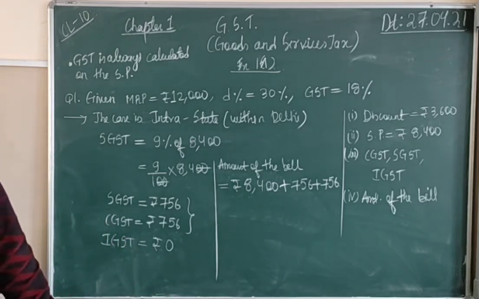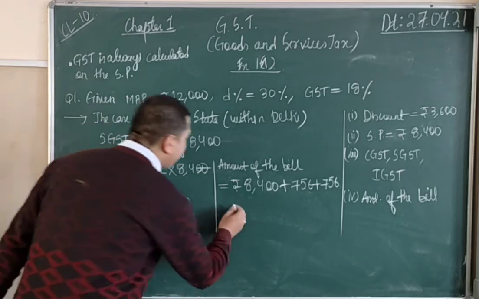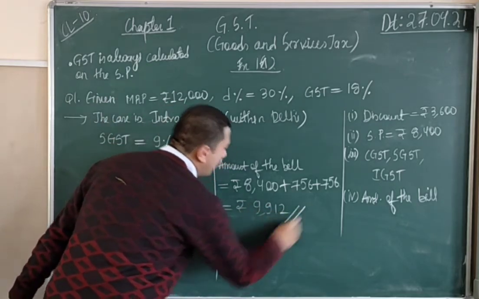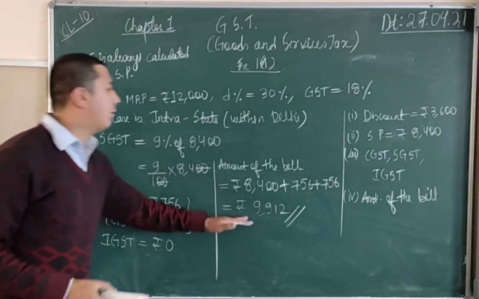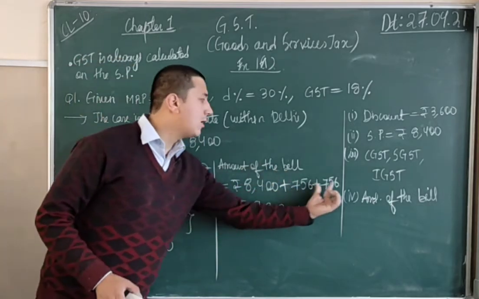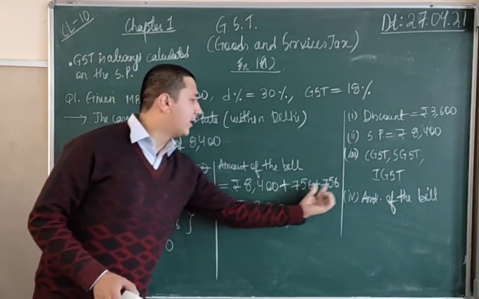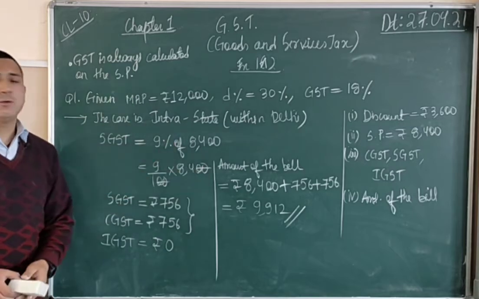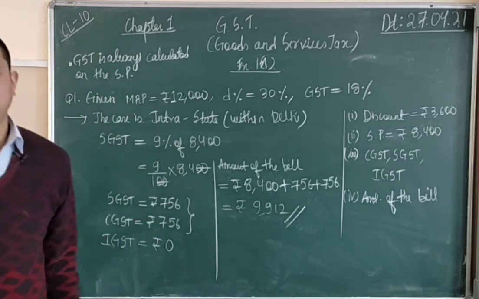Am I clear? So total amount you have to pay will be rupees 9,912. So this is the total amount of the bill. The selling price plus the GSTs. These are the extra money that we are paying. Okay. Am I clear? So please pause the video and note it down till here.